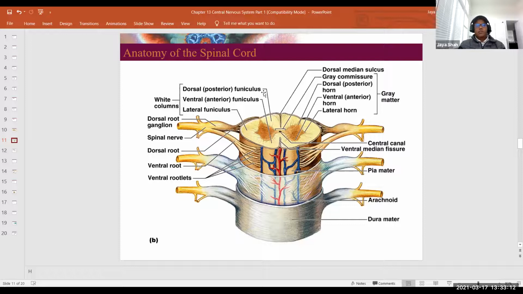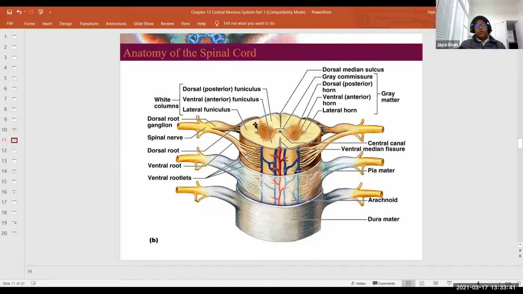Another name for column is funiculus. There is nothing hard about it. It is just another name for column. Then we have the anterior or ventral funiculus, and then you have the lateral funiculus, and these all are white columns.